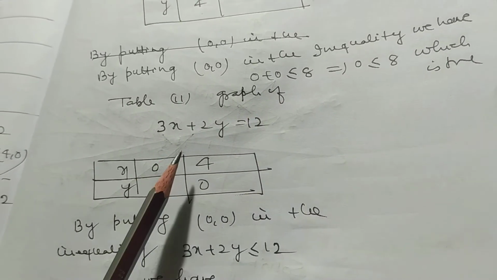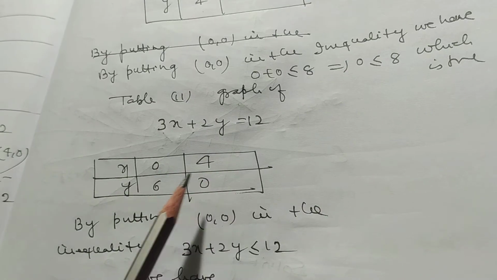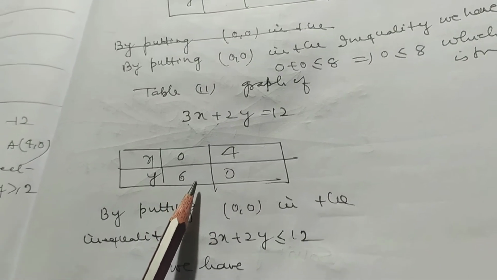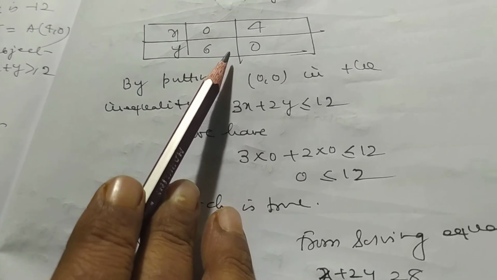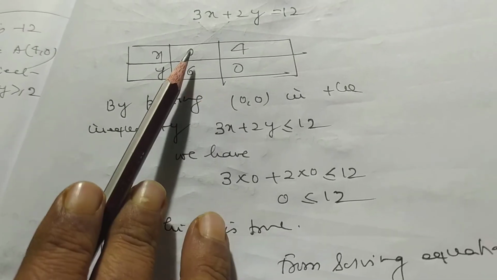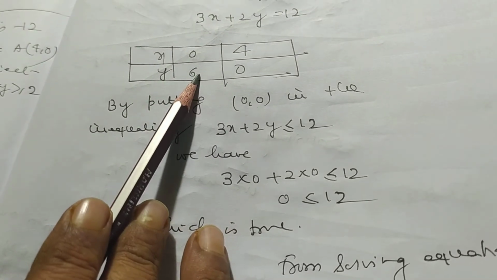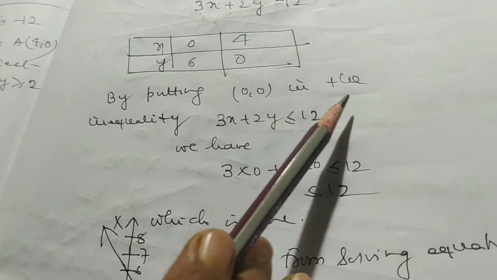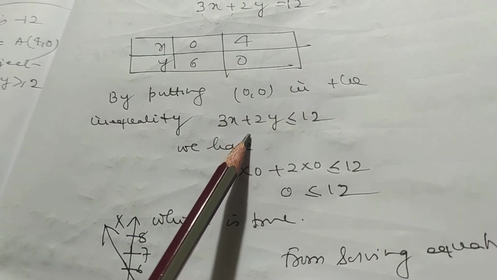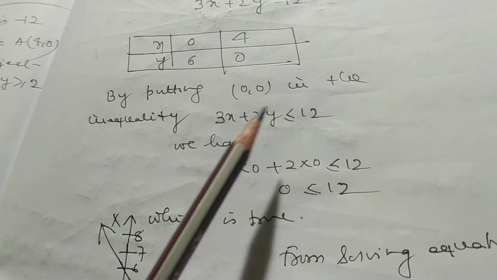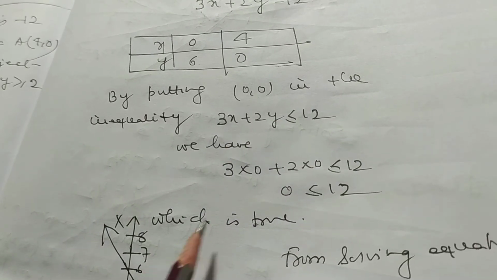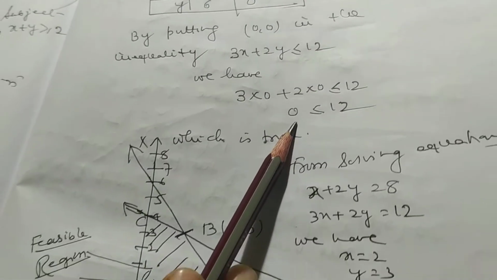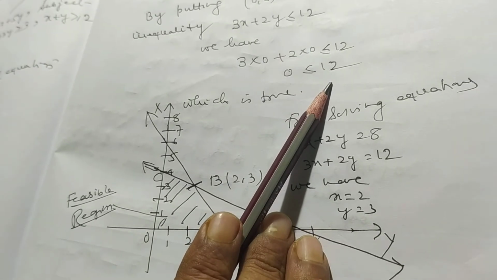Now 3x plus 2y is equal to 12. Now we again make the table: x 0, y 6, x 4, y 0. By putting (0, 0) in the inequality 3x plus 2y less than or equal to 12, we have 0 which is less than or equal to 12.